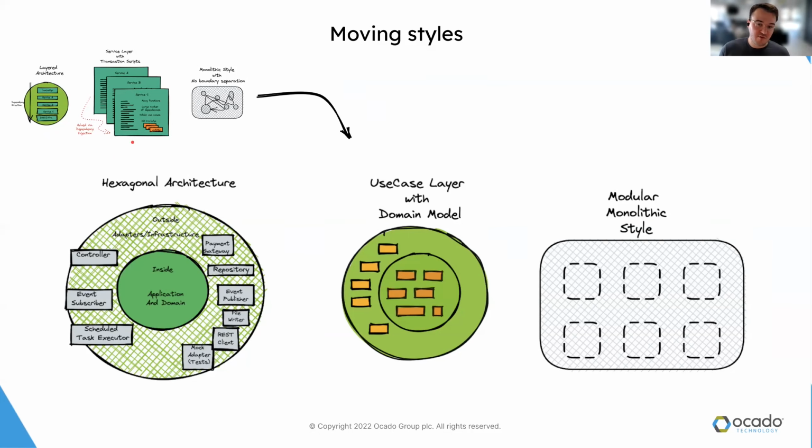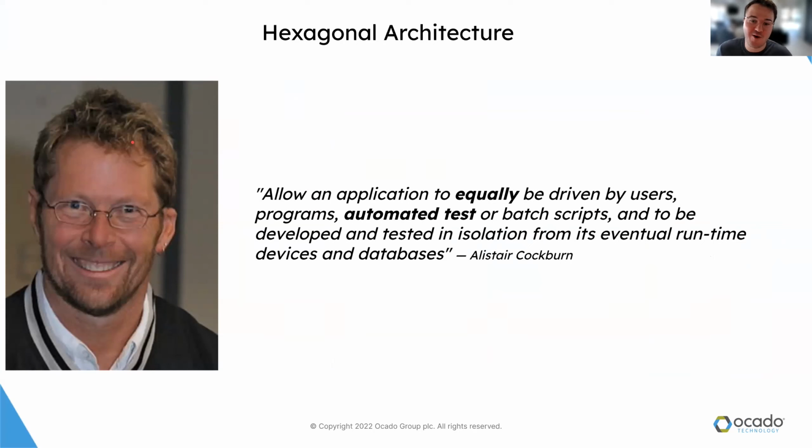So hexagonal architecture was introduced by our great author, Alistair Cockburn, in 2005. He was having these ideas many years before, but ended up posting it just in 2005.